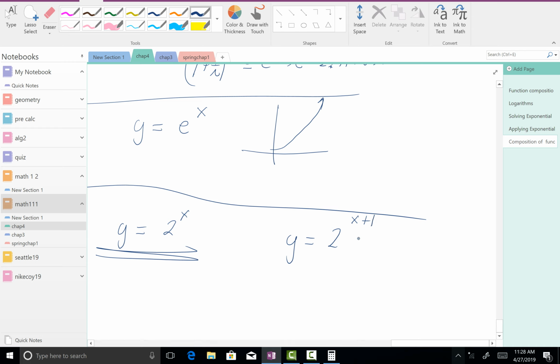Do you kind of remember, from the transformation stuff, what it's going to do to this function? What's the plus 1 going to do to it? It's affecting the x. So it's going to shift it to the left. It's going to move it backwards, okay? All right, because it's a plus 1. If it's a minus 1, then it's going to move it to the right.